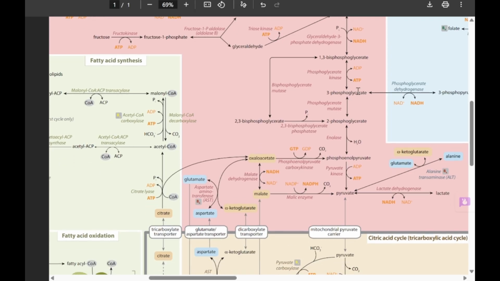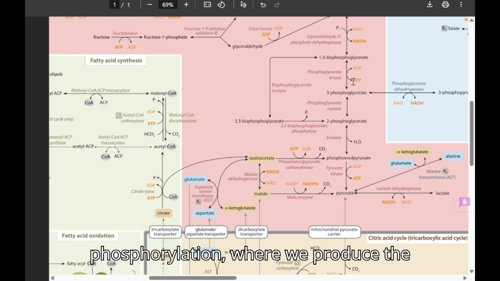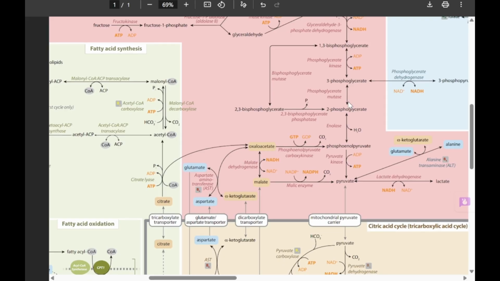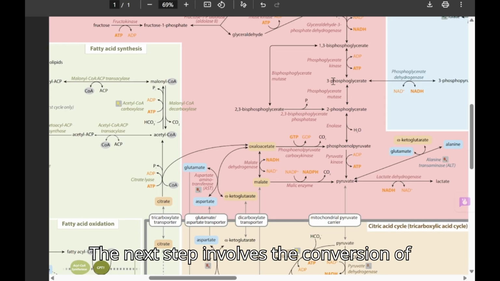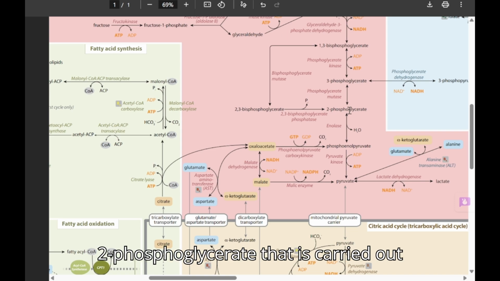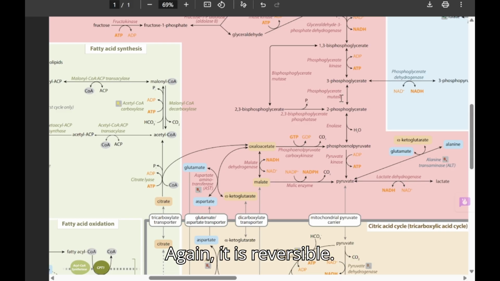So here it is also reversible, and this is known as substrate level phosphorylation, where we produce the ATP at this step. The next step involves the conversion of 3-phosphoglycerate into 2-phosphoglycerate, which is carried out by the enzyme phosphoglycerate mutase. Again, it is reversible.